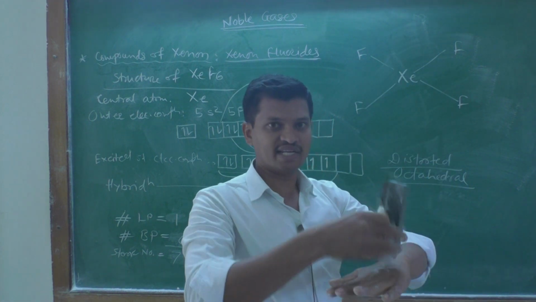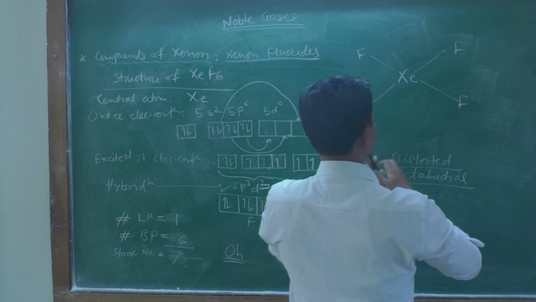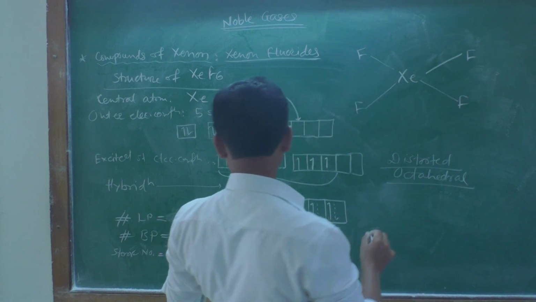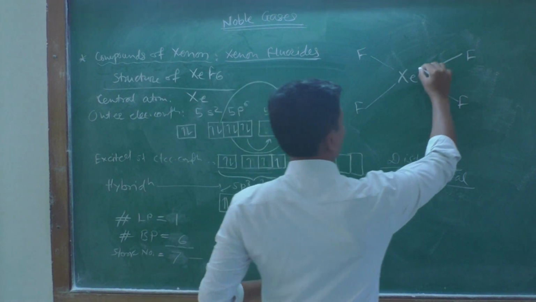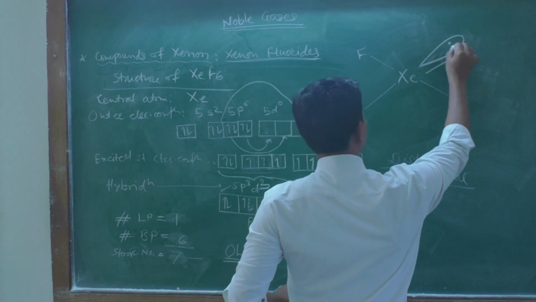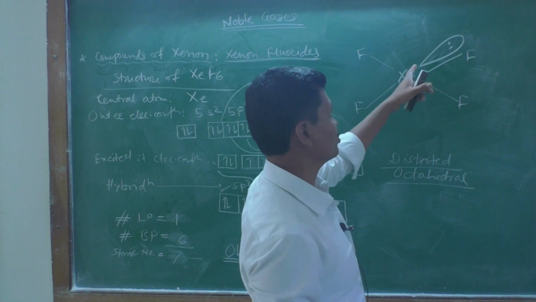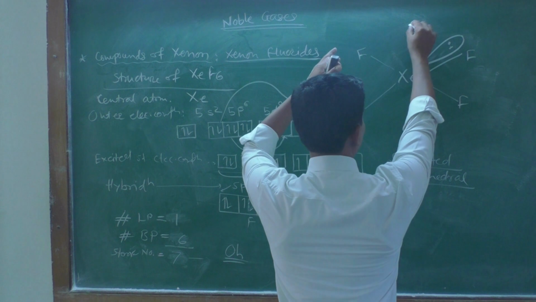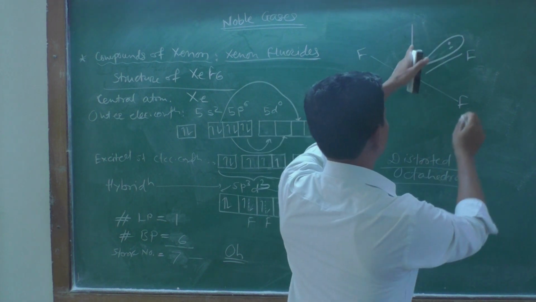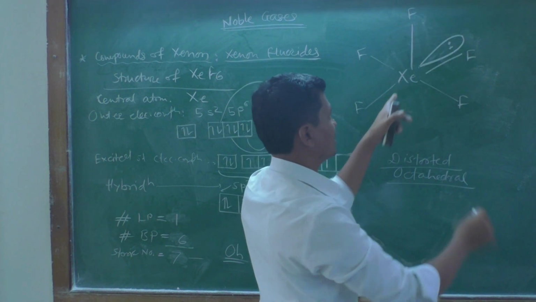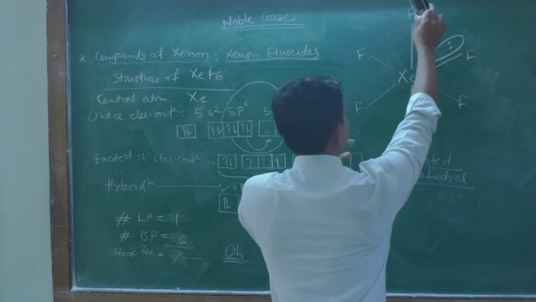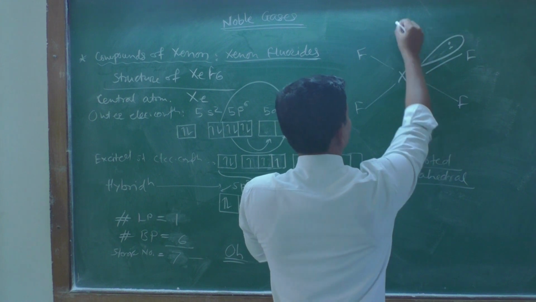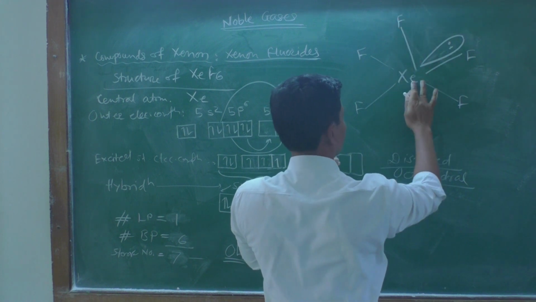Due to the presence of this one lone pair of electrons, to minimize the bond pair lone pair repulsion, this fluorine atom is not exactly at 90 degrees but is somewhat distorted, and hence this bond can be written like this.